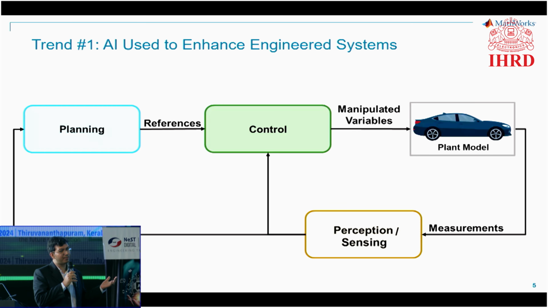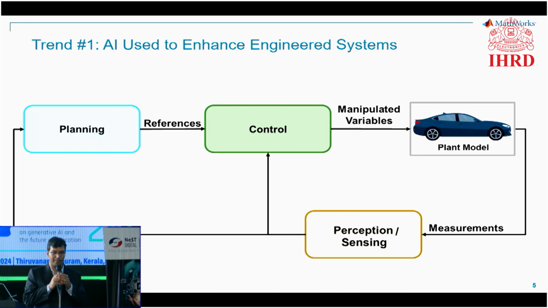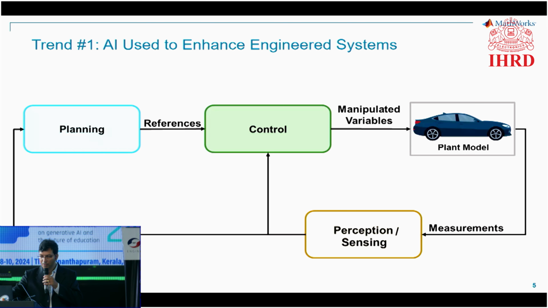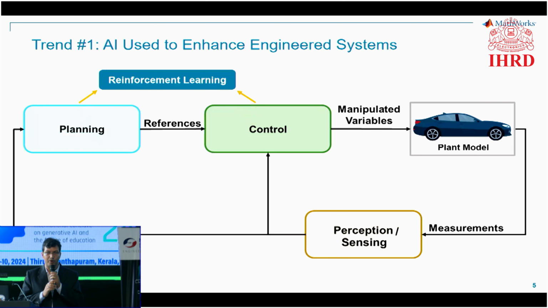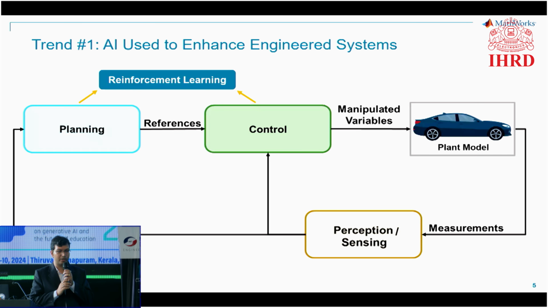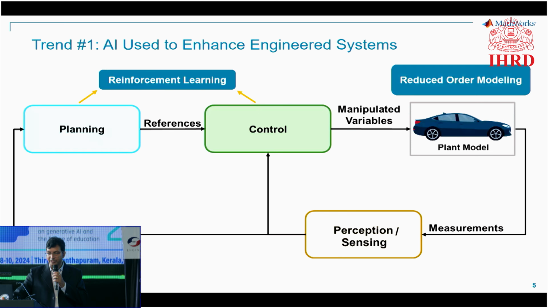And then I will take some examples to explain how people have leveraged AI for this sort of applications. So the first example that I will use talks about reinforcement learning. Okay. It is mostly related to applications in the controls domain. Okay. It's a sophisticated form of controls.